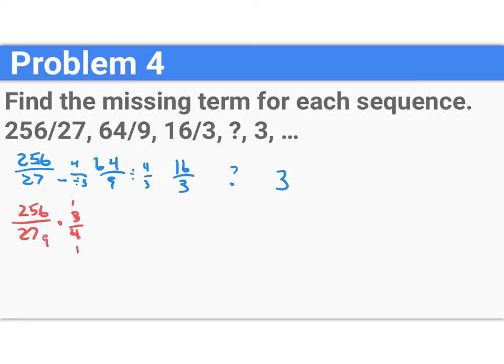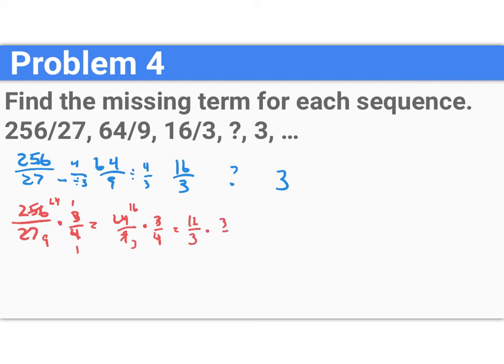And this becomes 1. And that becomes 64. And so that's how we get 64 over 9. Then we multiply by 3 over 4 again, cross factoring. 3, and then 4 goes into 64 16 times. That gives us 16 over 3.